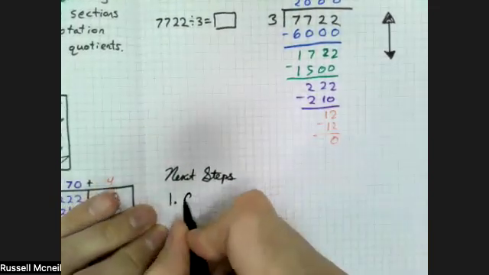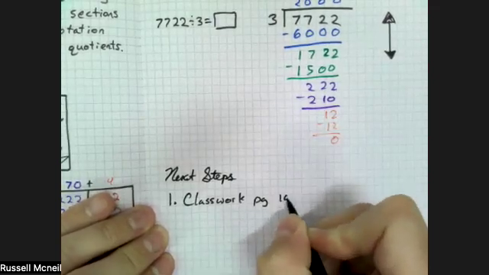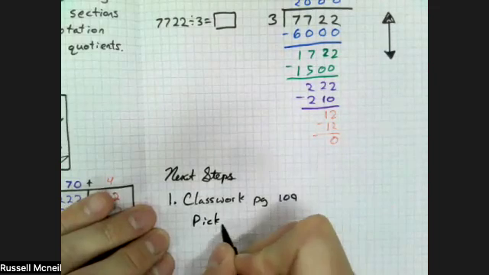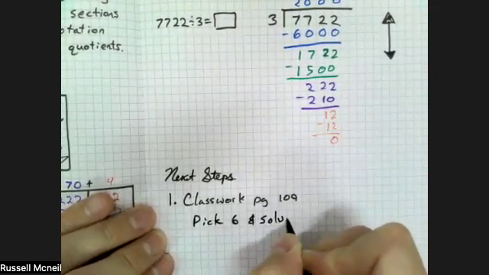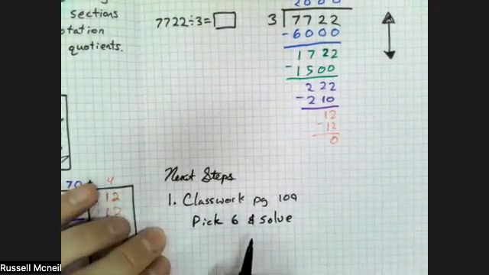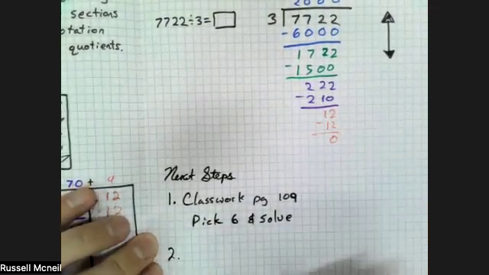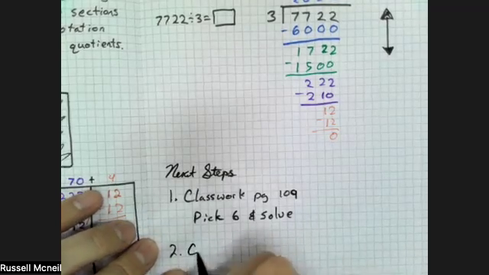Now on to our next steps. We're going to be in classwork, page 109, and you're going to pick 6. Pick any 6 and solve. While you're working on this, if you want to work with a partner, that's perfectly okay. Number 2, let's see, we've got another classwork assignment.